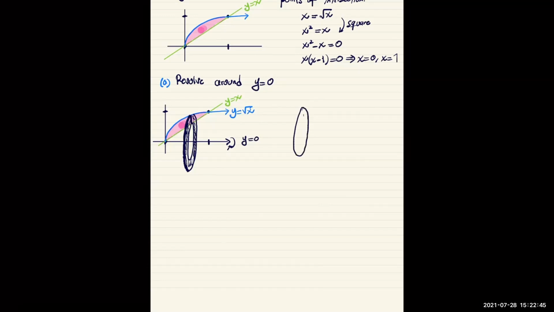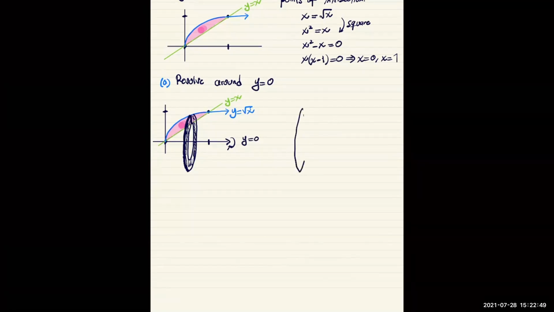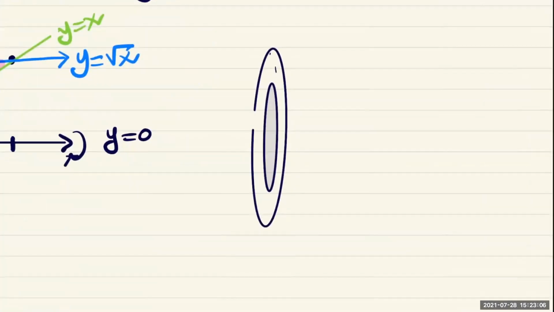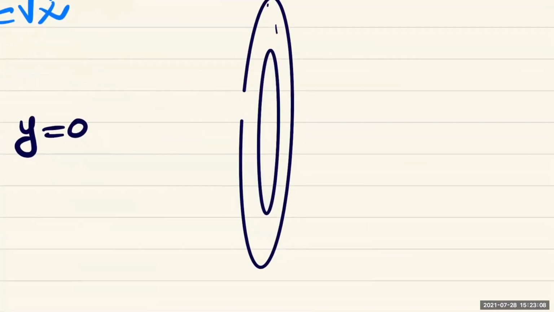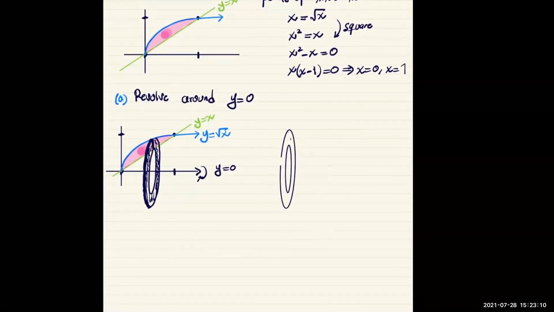You don't have to because you already have it. Okay, and what you want to do is, see, I am spending too much time on this. So what we want to do is identify inner and outer radius.